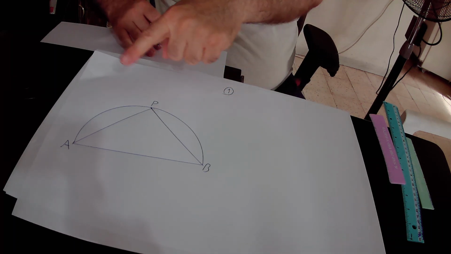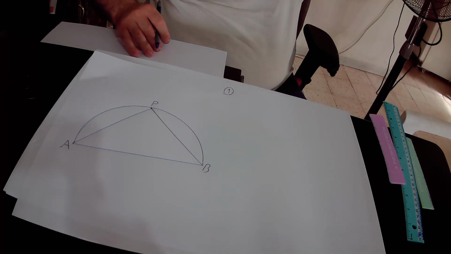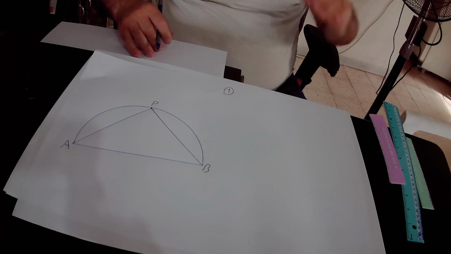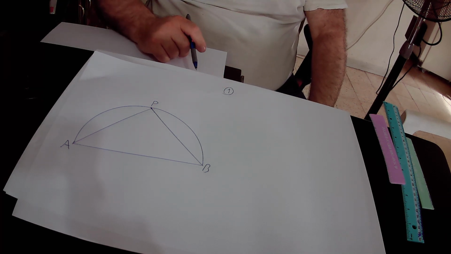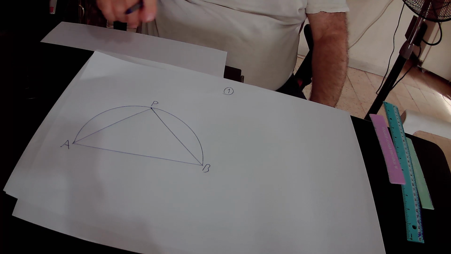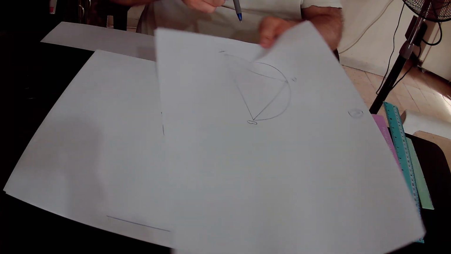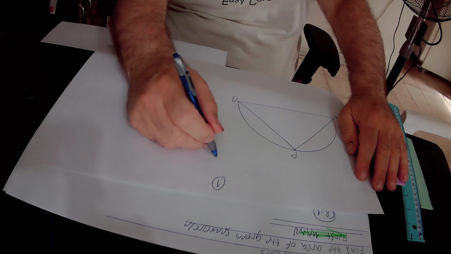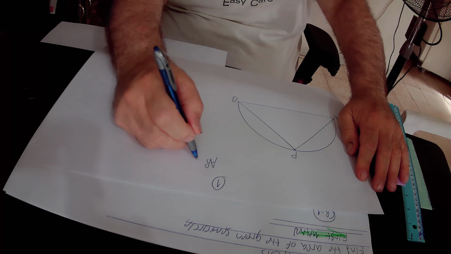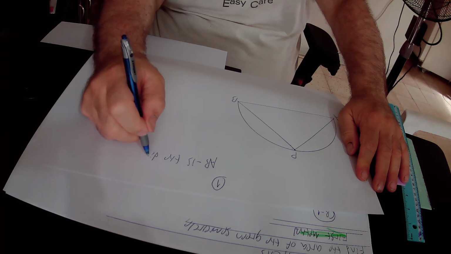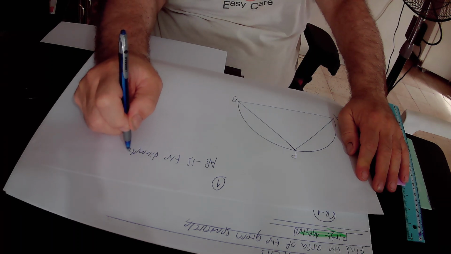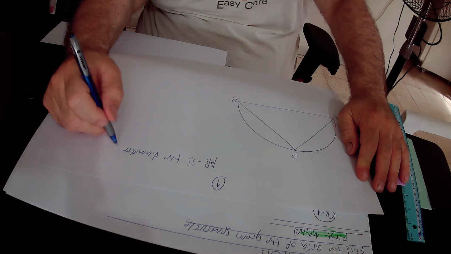Actually, this is the white semicircle from the original drawing. Here, AB is the diameter of this white semicircle, so I'll write it down.